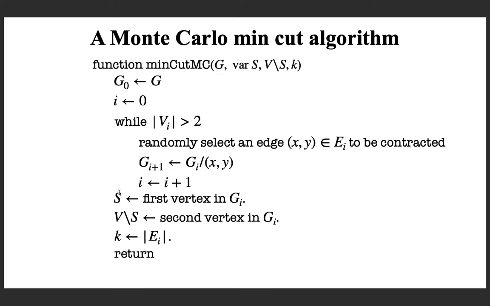Then you say that the first set of vertices S is the set of vertices in the first multi-vertex of the resulting 2-vertex graph, and V minus S is the set of vertices in the other multi-vertex. And what is the size? The size of the cut that you obtain is the number of edges in the final graph. Okay.